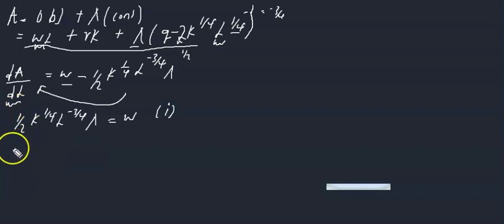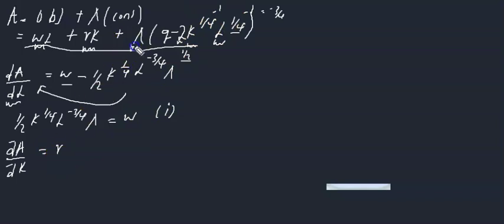Let's go to equation 2, which will be the partial derivative with respect to capital. Just like we did to labor, we come here in the term with capital, we differentiate that, we remain with R, then we go inside, differentiate capital, this power will drop, then it will be a half again, then this will reduce by 1, then it will be just the one we had with labor.